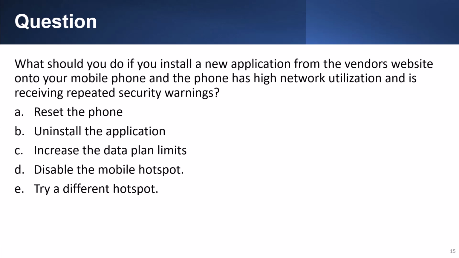Question: what should you do if you install a new application from the vendor's website onto your mobile phone and the phone has high network utilization and is receiving repeated security warnings? Answer: uninstall the application.